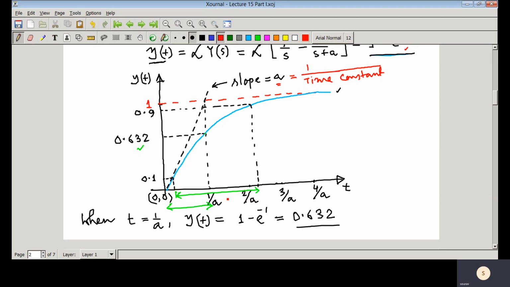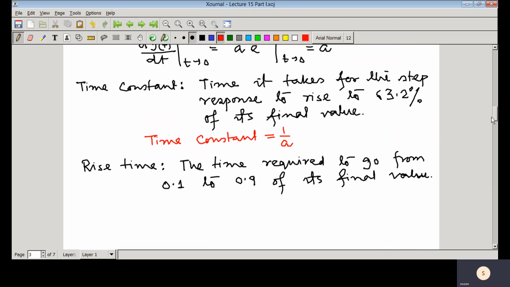So this is the time, and we indicate that time as TR. That is that rise time.